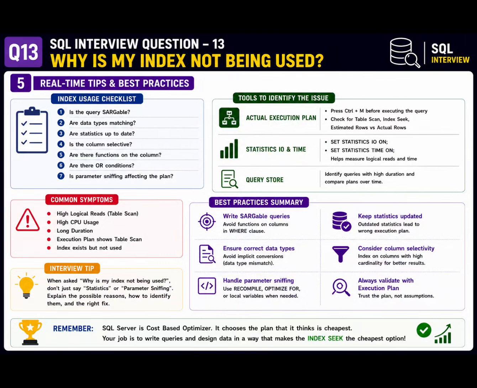Then explain how to identify the issue using the execution plan and how to fix it. So this demonstrates real-world troubleshooting experience.